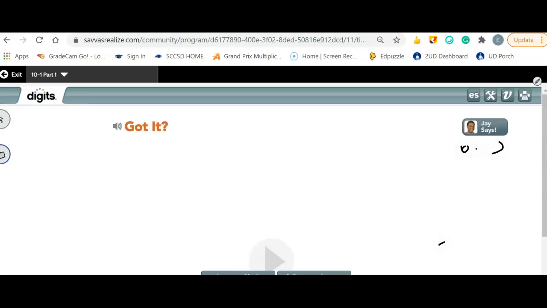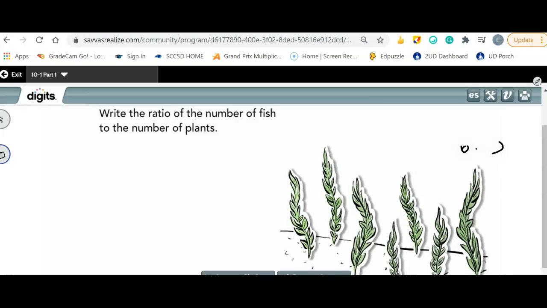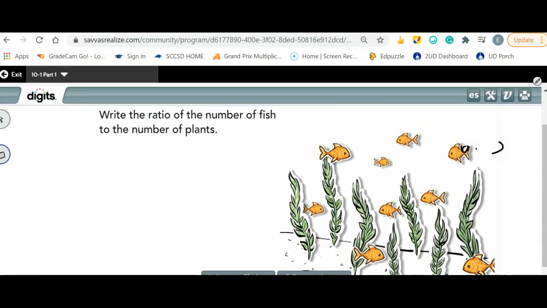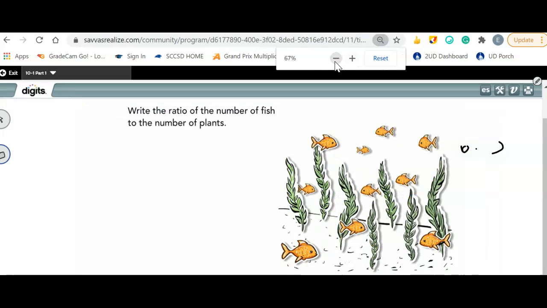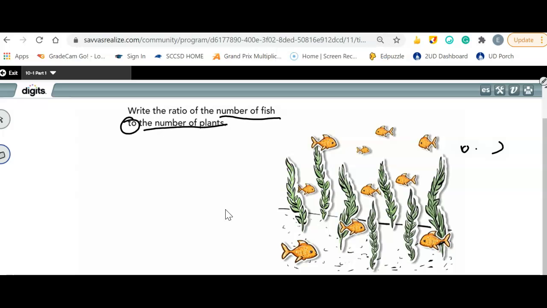Try this one. It's not on your paper, you've got notes, so just look up here. Zoom in. All right, so it says write the ratio of... I like to underline the number of fish, circle the "to," and the number of plants.